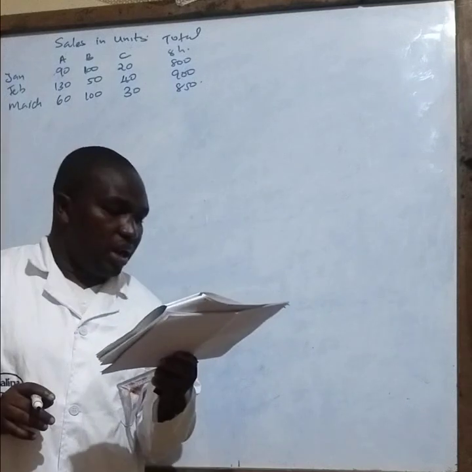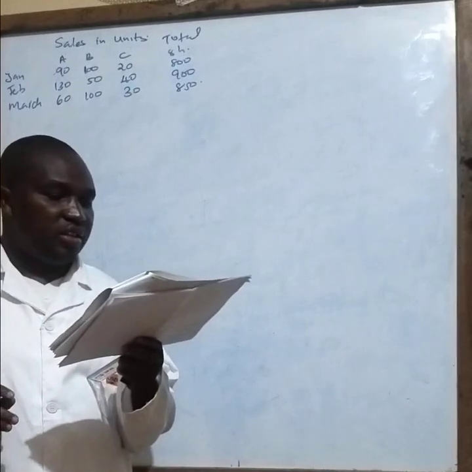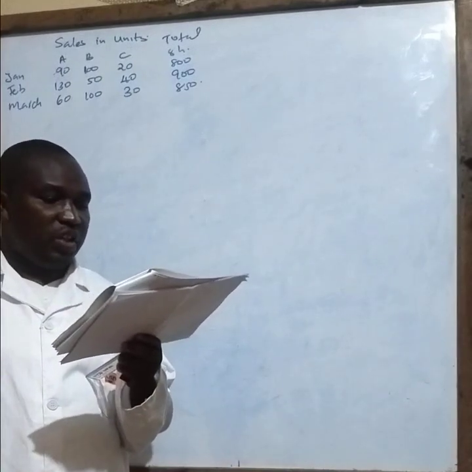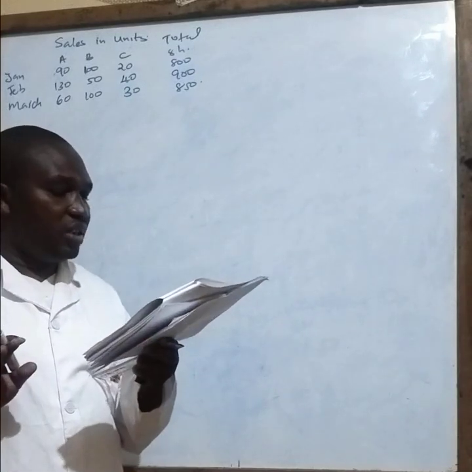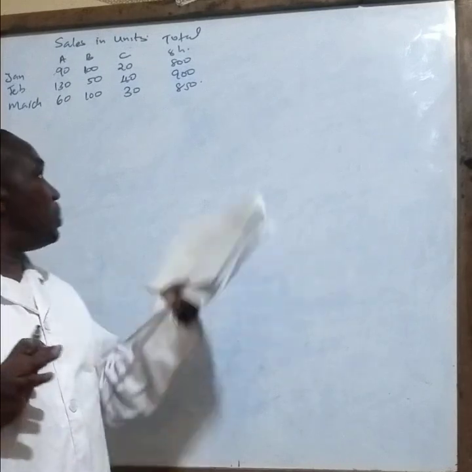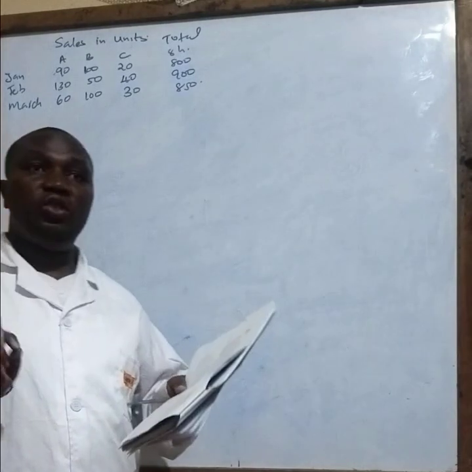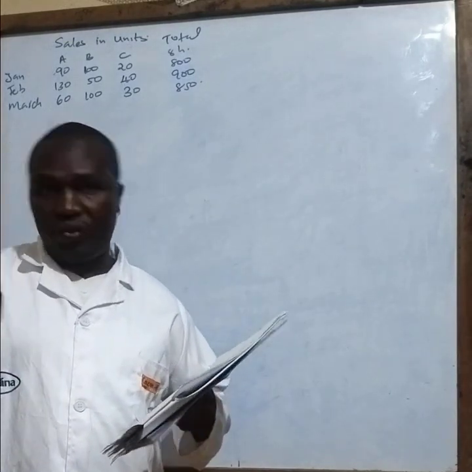A salesman has the following records of sales during the 3 months for the 3 items A, B, and C, which have different rates of commission. So this person was getting commission based on the type of sales.